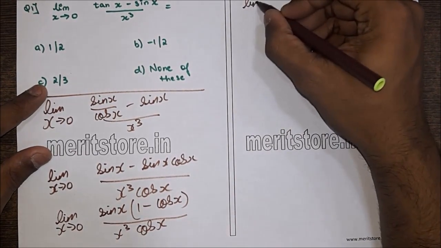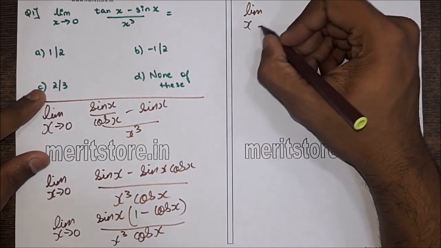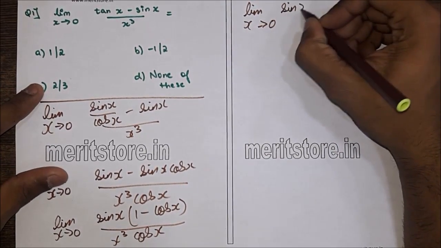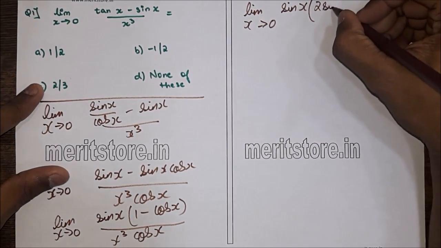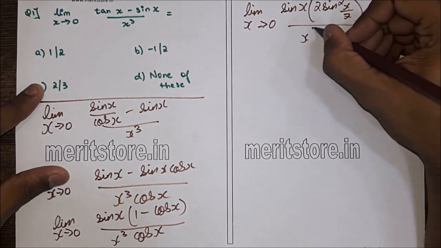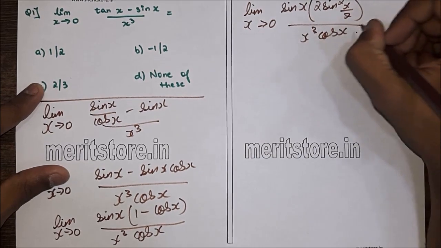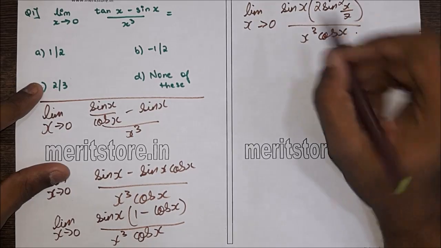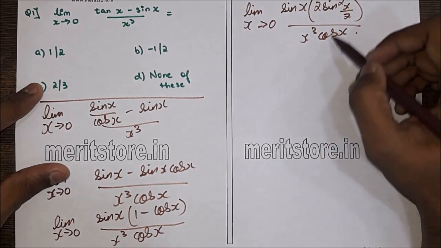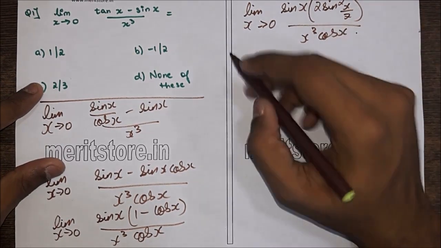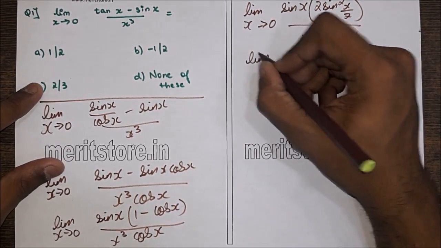Therefore, we get limit of x tends to 0, sin x into 2 sin square x by 2 upon x cube cos x. Now we'll have to write this x also in terms of x by 2 so that we could solve it easily.